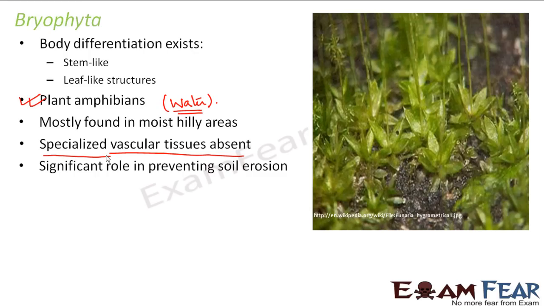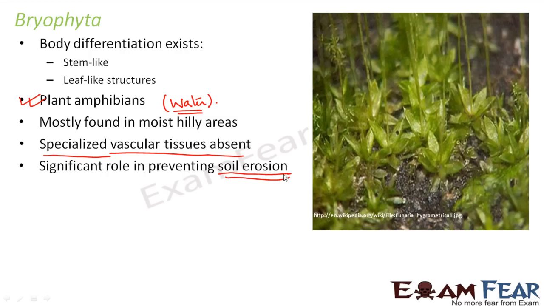They play a very significant role in preventing soil erosion. What is soil erosion? It is the washing away of soil with water. Let us suppose the fertility at any place is because of the soil. Now if too much water comes to that area, maybe due to flood, over irrigation, or rain, that water takes the upper layer of the soil along with it.